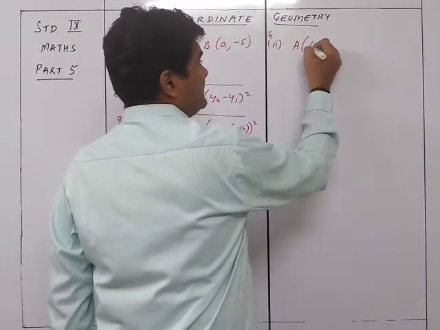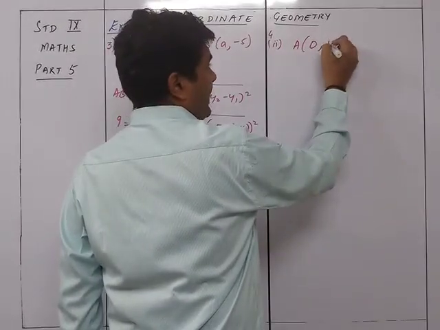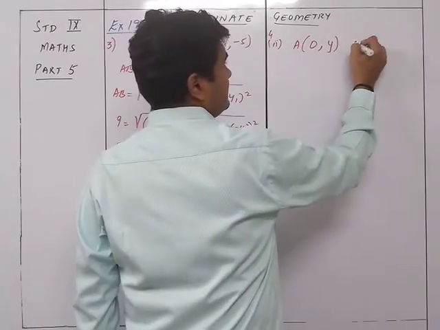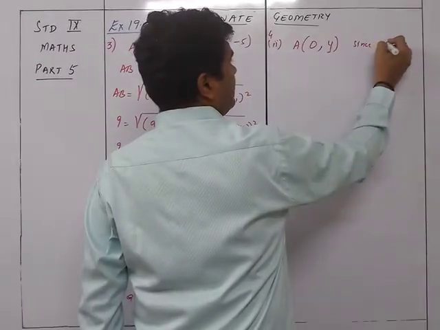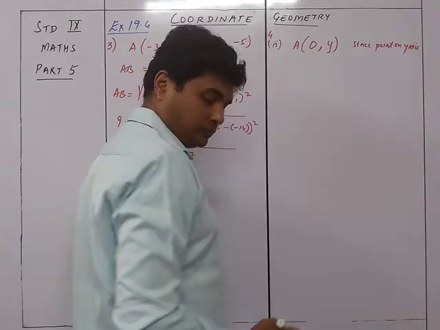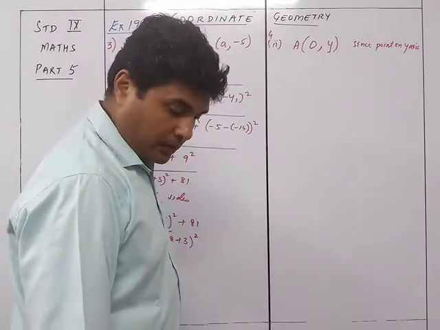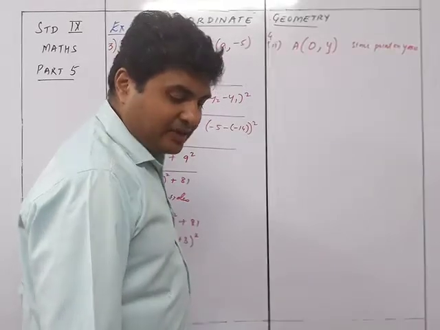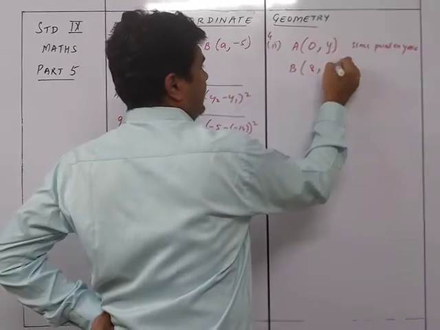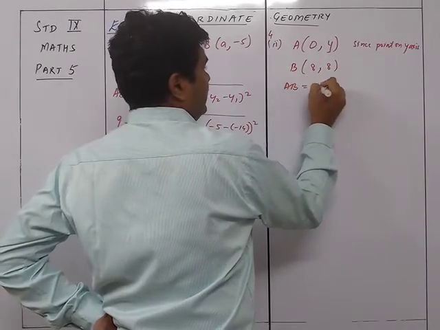So it will be 0 comma y, because it is a point on the y-axis, which is at a distance of 10 units from a point 8 comma 8. So you got B is 8 comma 8 and AB is equal to 10 units.